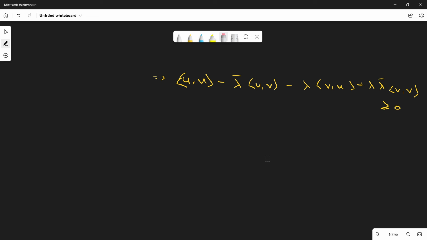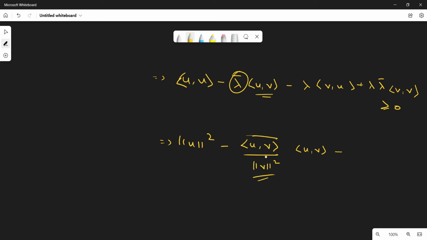From here what you have is that, let's see, this inner product uv can be written, using the norm function, as norm of u squared, minus this complete thing can be written as uv conjugate over norm of v squared times uv, because this lambda bar represents this particular value, minus again we put the value of lambda.